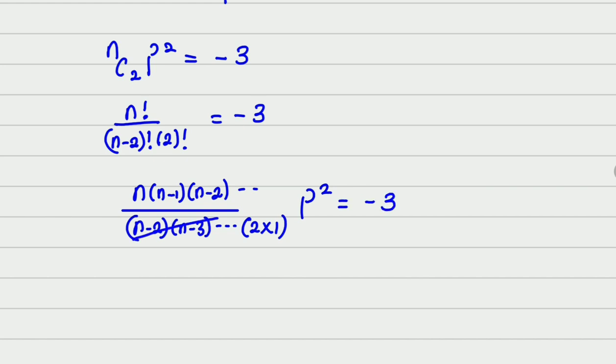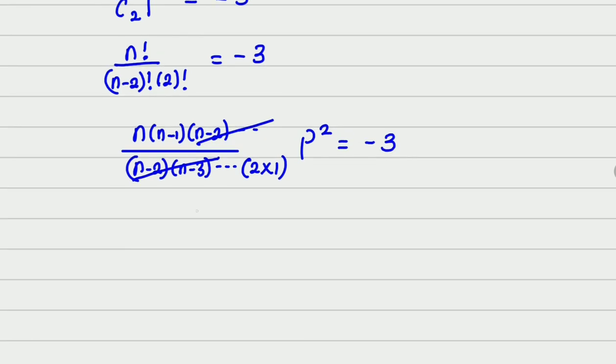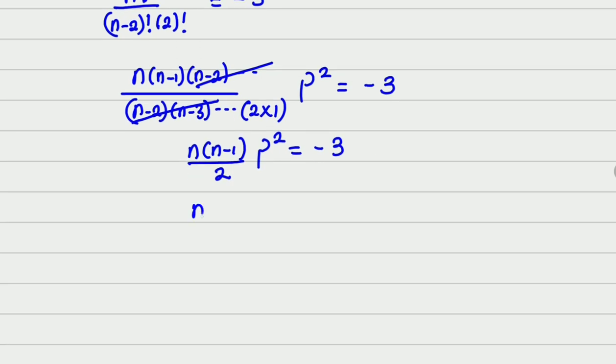Now you can see that everything here cancels out, so I'm going to have n into n minus 1 all over 2, then p squared is equal to minus 3. Now let me have it as n(n minus 1)p² equal to minus 6, when I cross multiply, and this is going to be my equation 2.